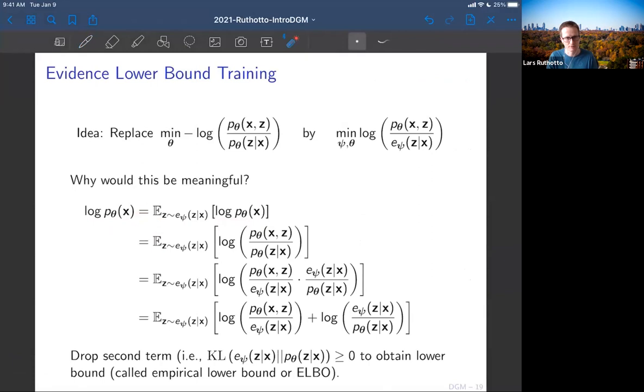It's just a trick that will make sense in a little bit. But then I can massage this term a bit, so I can make this equal to the ratio that we have derived previously with the Bayes law. Now I can add a smart one here. I have an encoder here, an encoder there. Doesn't change anything. And I can split this up with the rules of the logarithm.